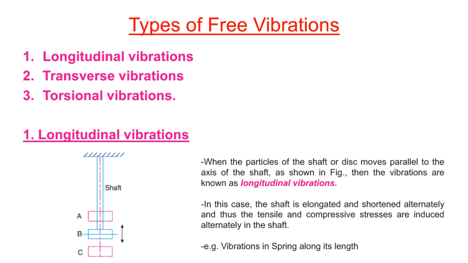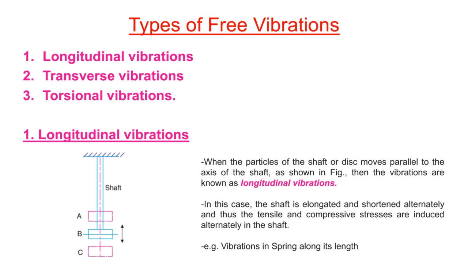First is longitudinal vibration. When the particles of the shaft or disc move parallel to the axis of the shaft, as shown in the figure, then the vibrations are known as longitudinal vibration. See in that diagram, suppose one shaft and one disc is attached to that shaft, and at one end it is fixed.